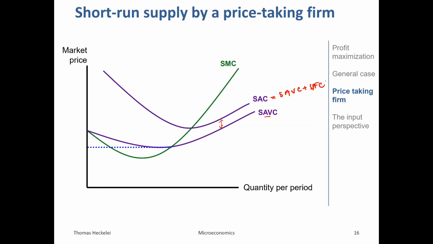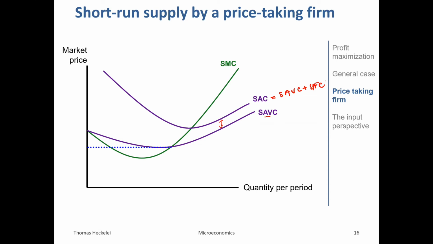And the more you go to the right, meaning the more you produce, the gap becomes narrower. Why? Because with the same amount of fixed cost, when you produce less, you attribute more to each unit you produce, so the average is larger. However, as you increase your output quantity, the average fixed cost of each unit is less.